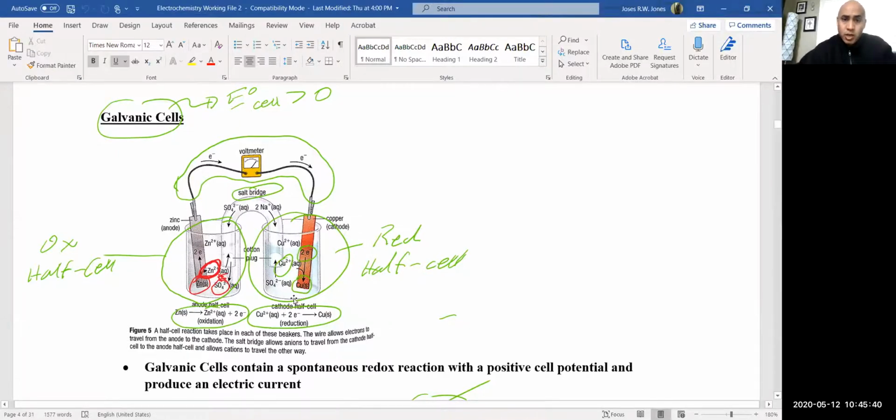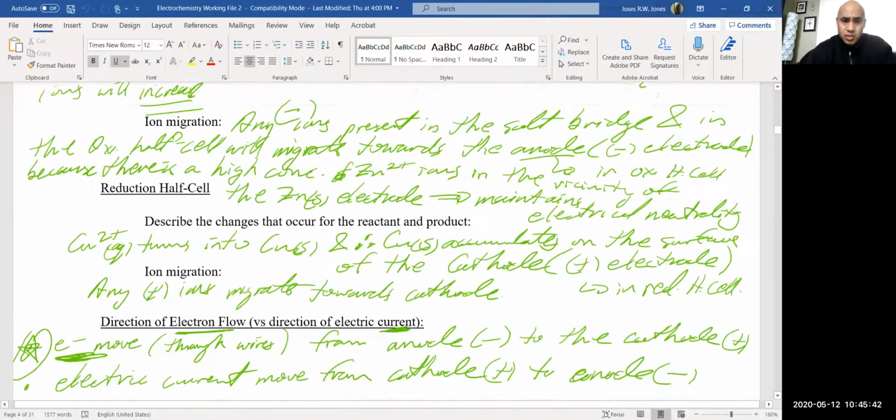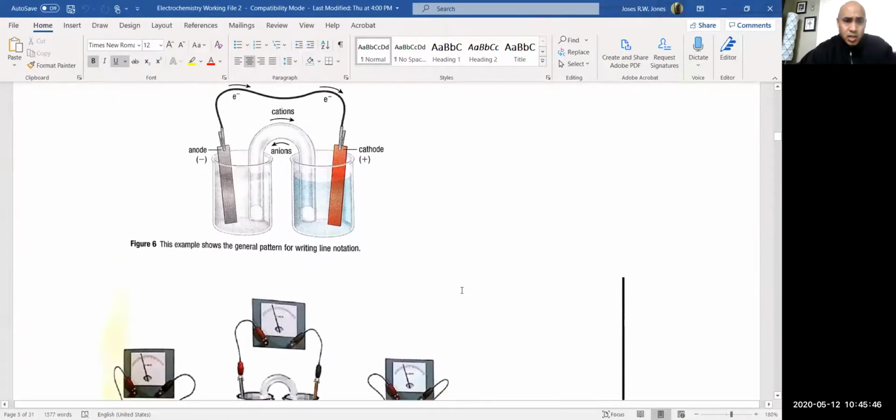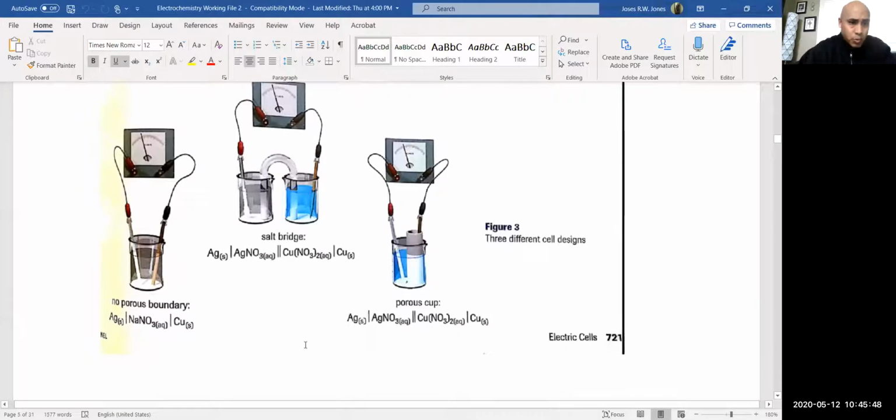So I'm going to scroll down to the next page, to 3 more setups. Over here, you have 1 beaker on the very left-hand side with 2 different electrodes connected by a full circuit, and this entire redox reaction occurs in that same solution, and you get a voltage. The middle setup for the galvanic cell above.